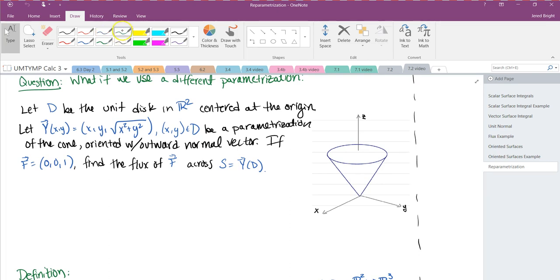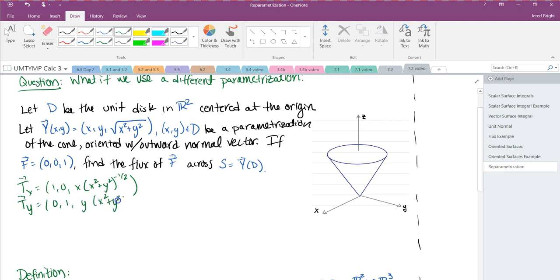So again, we can do the calculation, and here we'll just go through it briefly. So Tx, you end up with 1, 0, and then x squared plus y squared to the minus 1/2 after you simplify, and then Ty, you end up with 0, 1, and then y times x squared plus y squared to the minus 1/2.